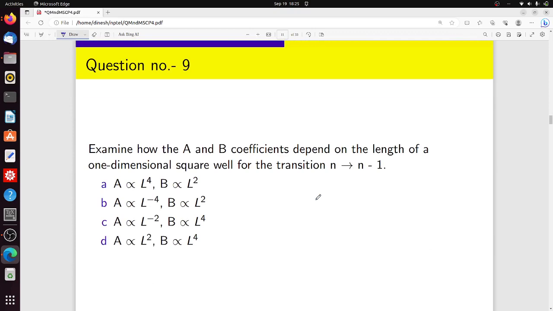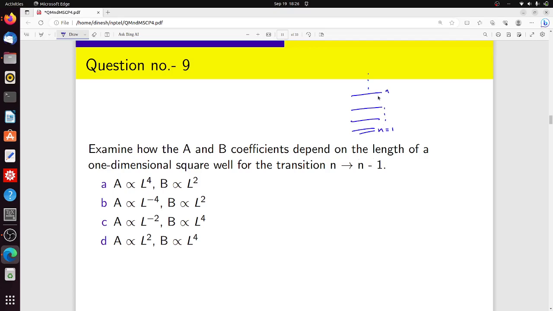Okay, coming to the next question. Examine how the A and B coefficients depend on the length of a one-dimensional square well for the transition n to n minus 1. This potential is a one-dimensional square well and there are many states, starting from 1 to n and so on.